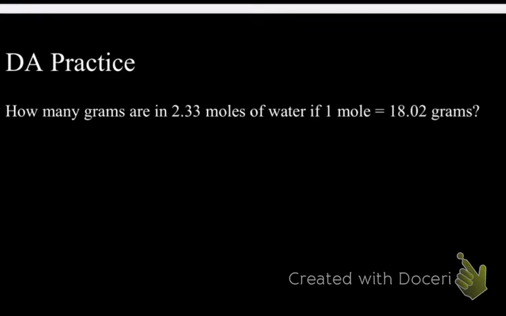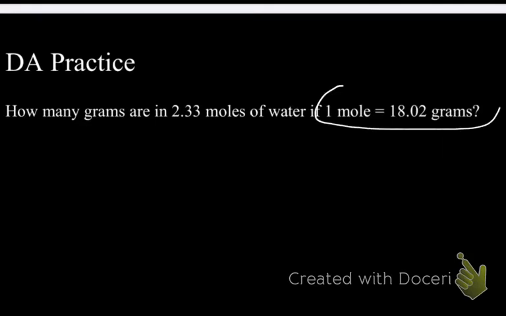Now, water is H2O, which has a molar mass of 18.02 grams per mole. So here we've written out the conversion factor for you, that 1 mole of water is equal to 18.02 grams.